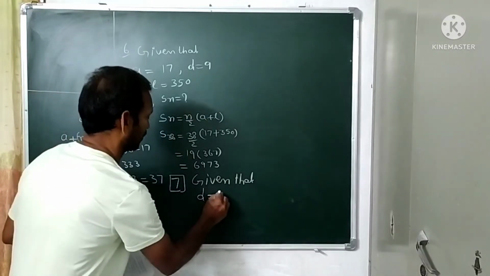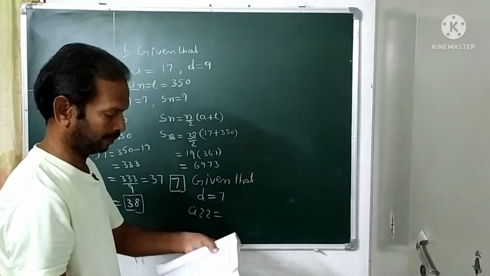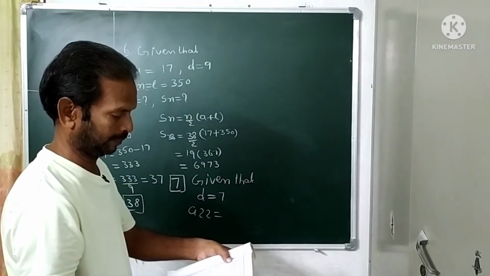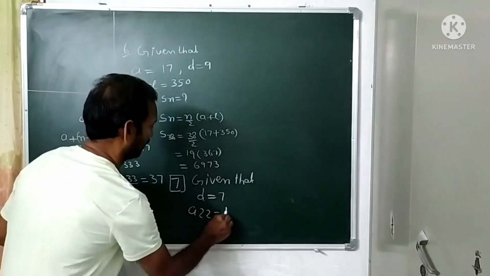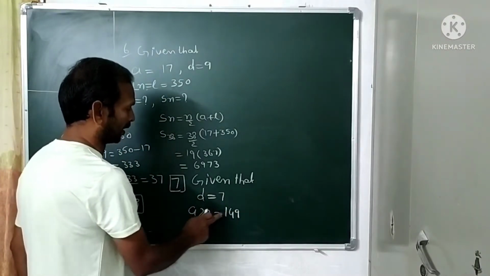D is equal to 7, A22 equals 149. So common difference D is given, and the 22nd term is given.